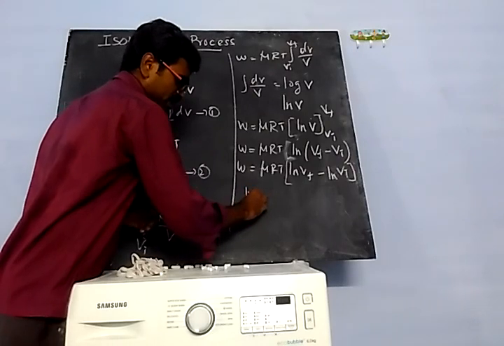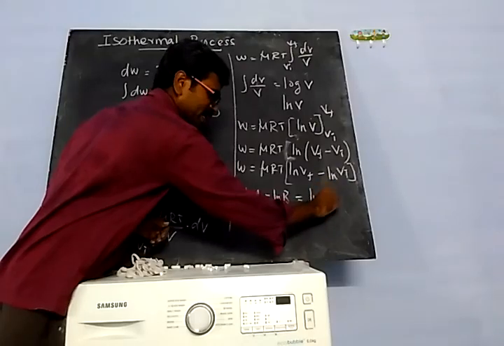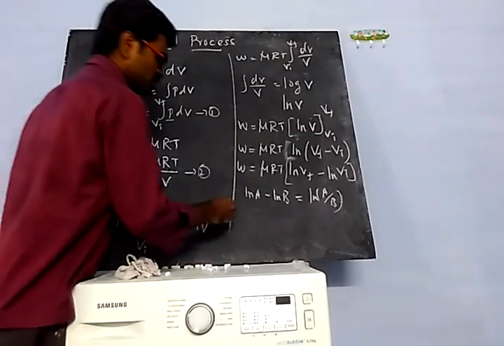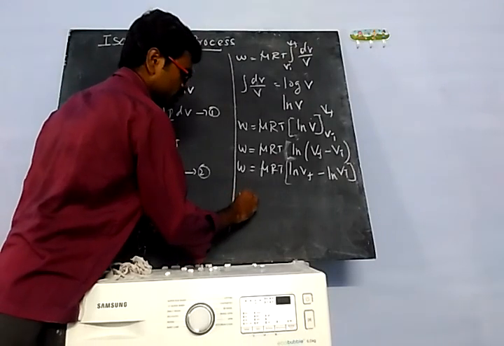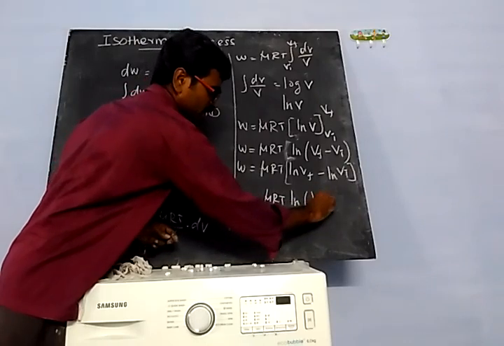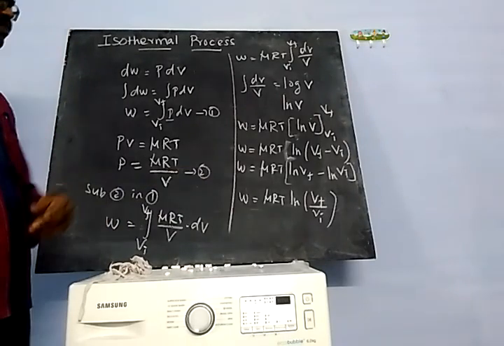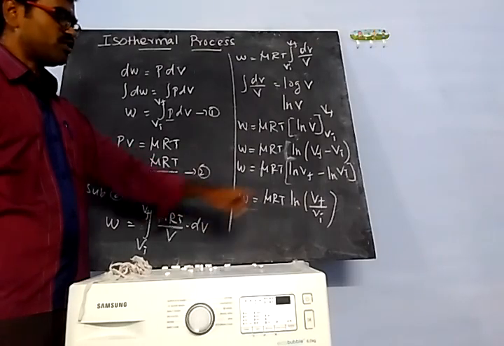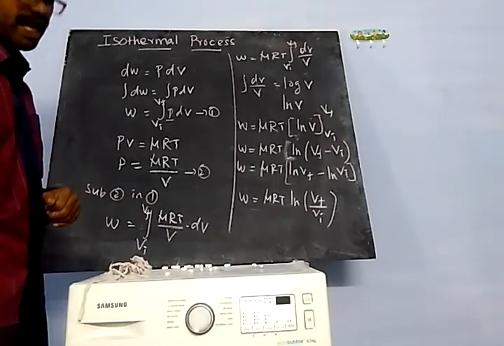Log of A minus log of B, what is the formula? Log of A divided by B. So substituting this, W is equal to mu RT ln of VF divided by VI. So this is the work done in an isothermal process: mu RT natural logarithm of VF divided by VI.